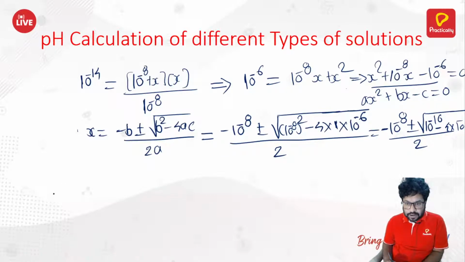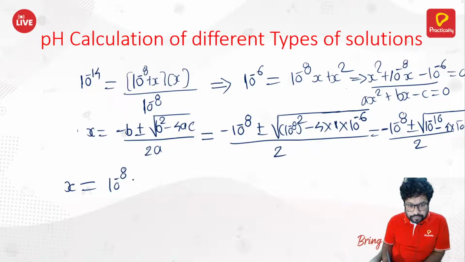So what do we get now? Your x is equal to minus 10 raised to minus 8 plus minus under root 10 raised to minus 16 minus 4 into 10 raised to minus 6.